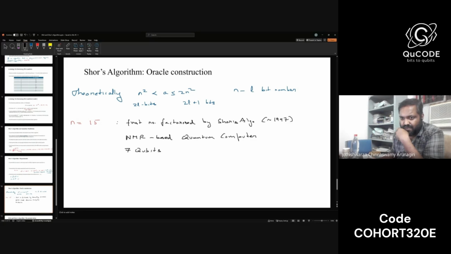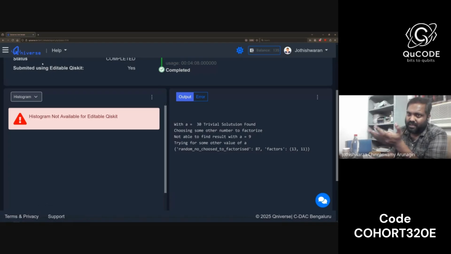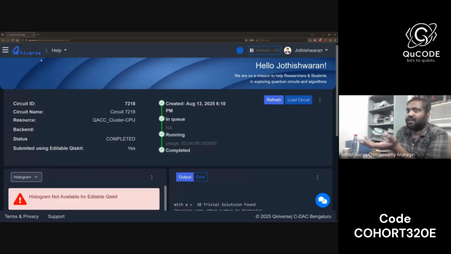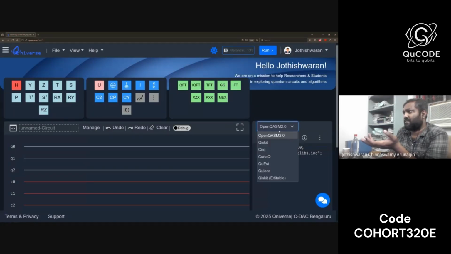Is any additional software needed for this experimentation? Like the one that I'm showing here, all of the software backend is handled by the service provider themselves. You can even import your Qiskit, or let me go to the composer. They support these languages: Qiskit, CUDA-Q, QuEST, QLAX, and you can even compose circuits and it will generate things. I hope this is what you're asking.